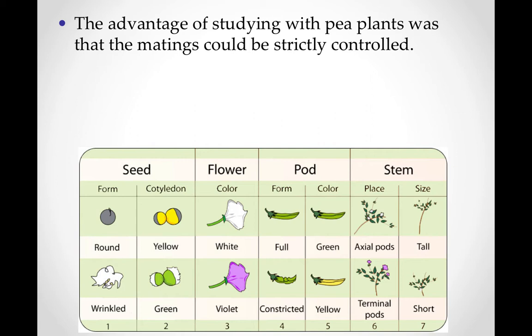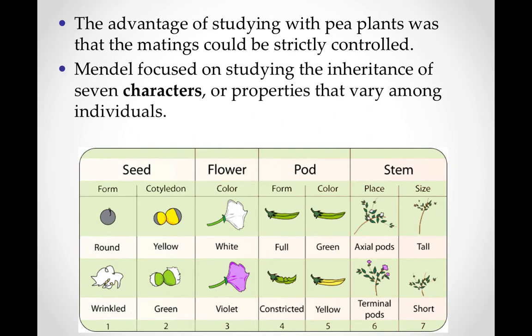We've already talked about plant reproduction, so you could see how he could control the matings by controlling the anther, the stamens and the pistils. Having an understanding of that is important.